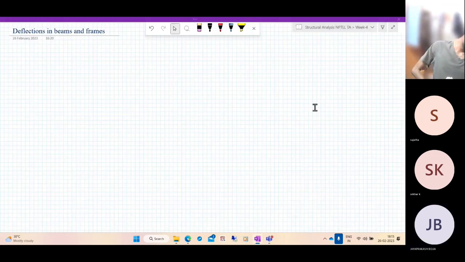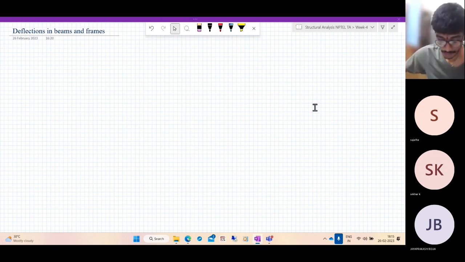So in the last session, we were looking at the methods for computing deflections in beams. So today we will be continuing on that.